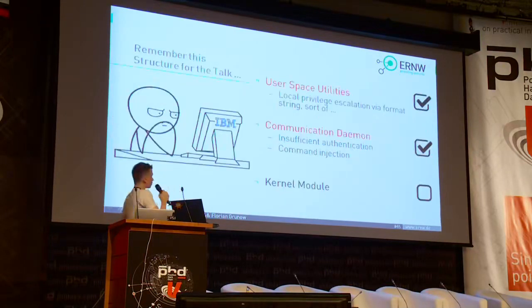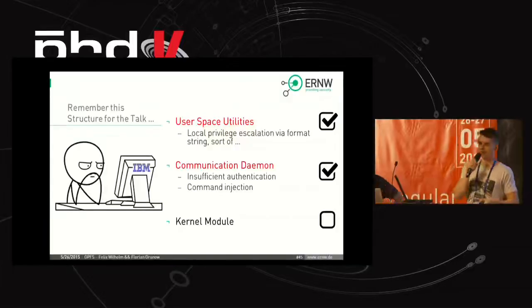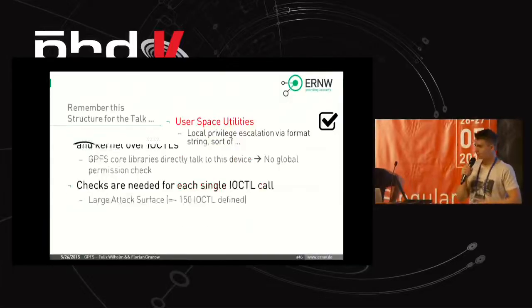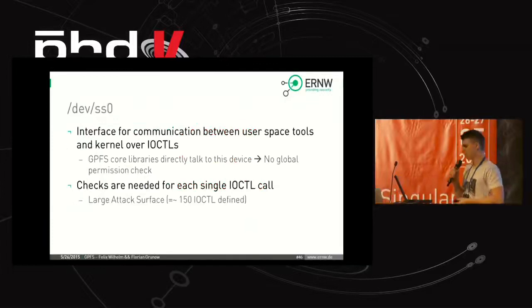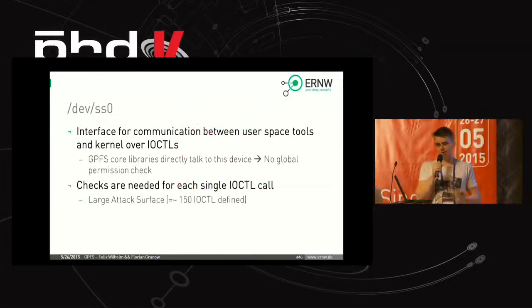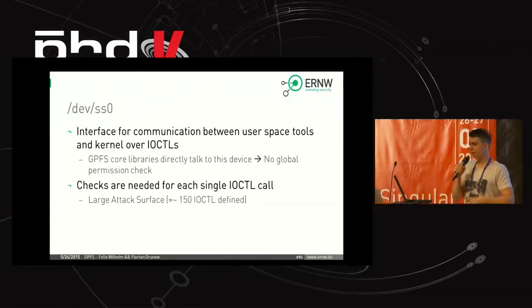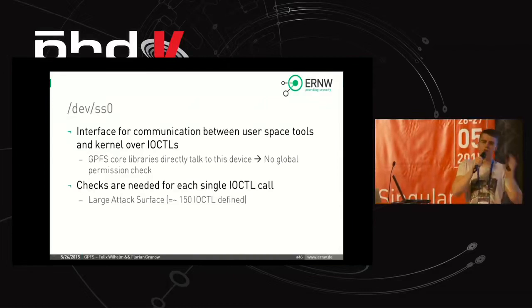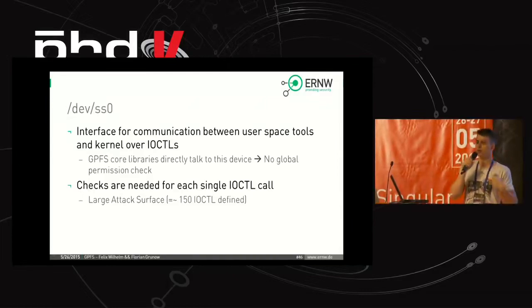But if you remember the structure of the talk, we still have something left. So we have the user space utilities, we have the communication daemon, but there's still this interesting looking kernel module. Now, the kernel module, or the whole setup, is on Linux basically that GPFS creates a device, SS0, and this is used for the communication between all these user space utilities and the kernel, and it's using normal Linux IOCTL calls.